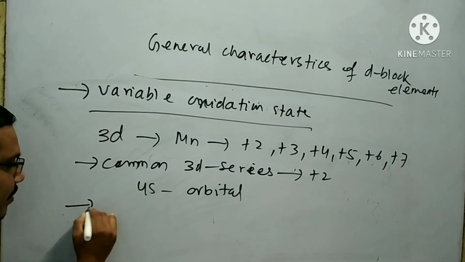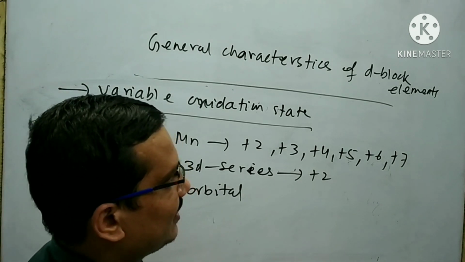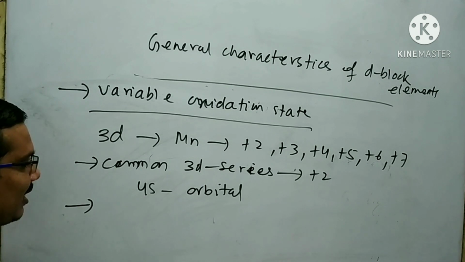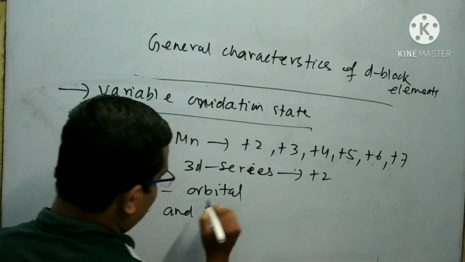Remember an important point: in lower oxidation states, the d block elements generally form ionic compounds. Generally, the lower oxidation state means +2 and +3.